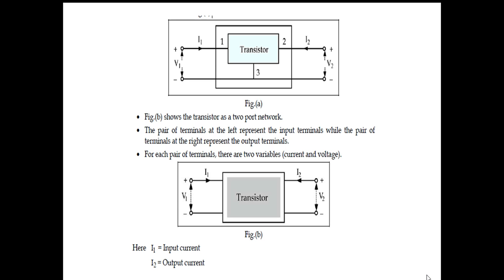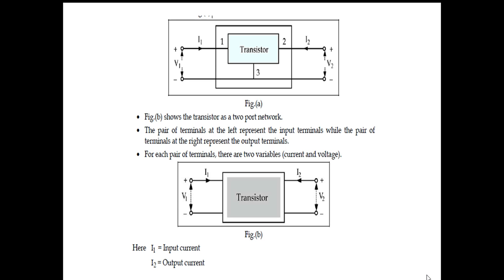In the common collector configuration, the collector is taken as common to both input and output. So in all these three configurations, common base, common emitter and common collector, one of the terminals is common.